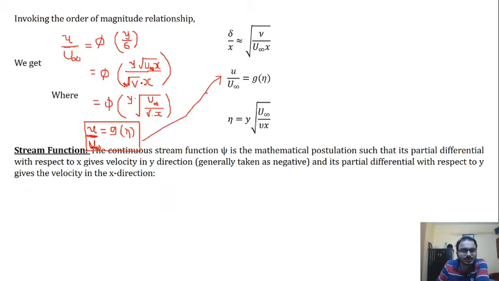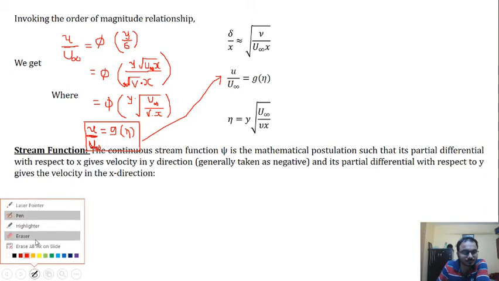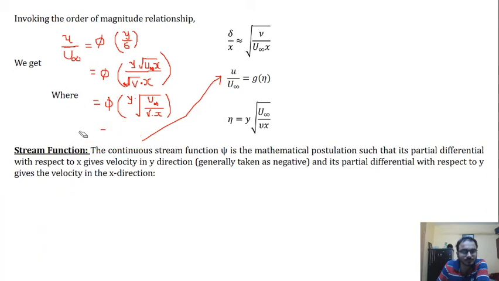So let me erase this. Now the next definition is the stream function, which we have already studied in the fluid mechanics chapter. The continuous stream function psi is a mathematical postulation such that partial differentiation of psi with respect to x gives velocity in the y direction, which is generally taken as negative.